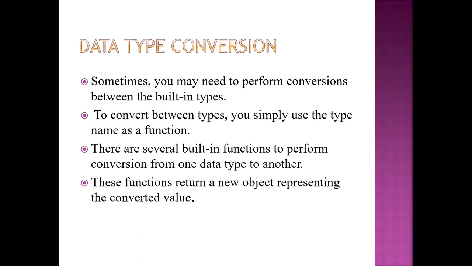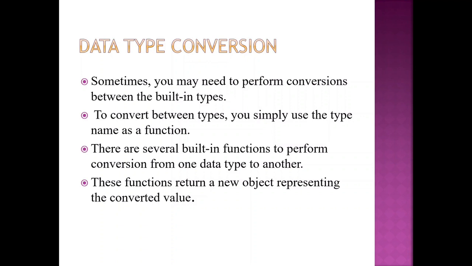We have now covered all the basic data types in Python: numbers, strings, list, tuple, and dictionary. Now there is another concept, which is data type conversion. There may be many instances while programming where we have to convert an element belonging to one data type to another data type.